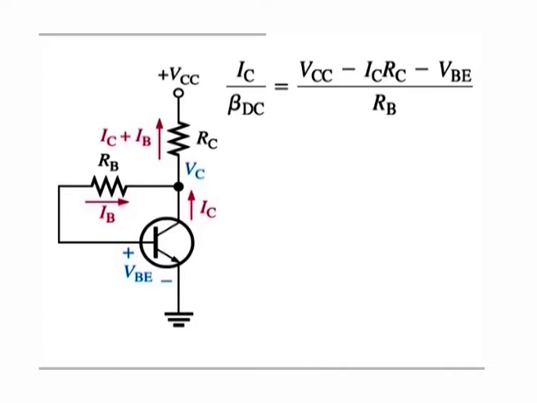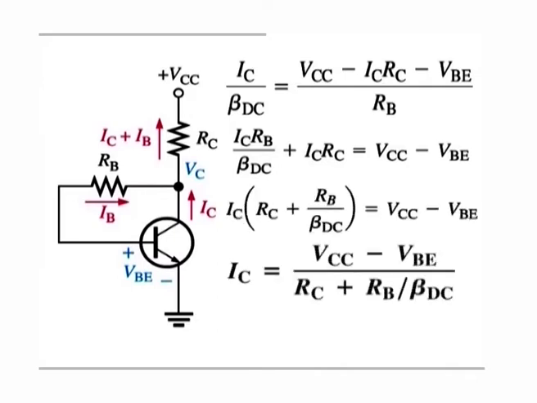The terms can be arranged so that IC into RB over beta DC plus IC into RC is equal to VCC minus VBE. Then we can solve for IC: IC is equal to (VCC minus VBE) over (RC plus RB over beta DC). Since the emitter is grounded, VCE is equal to VCC minus IC into RC.